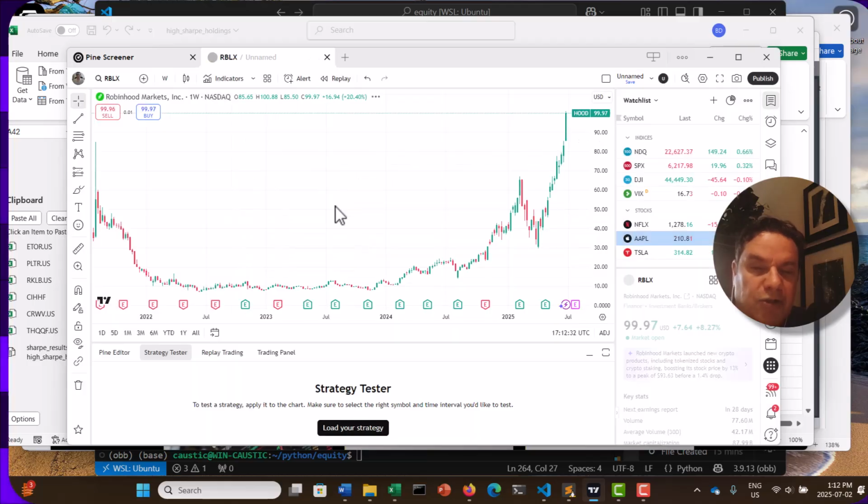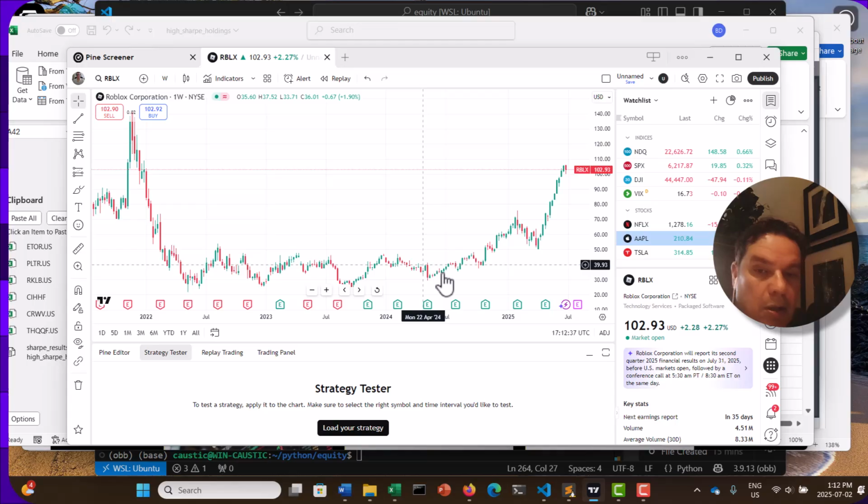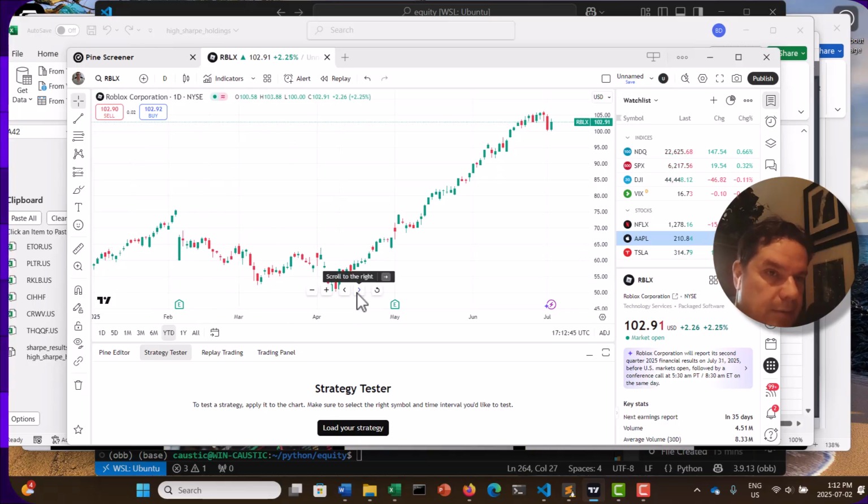All right. So Roblox, again, a similar move, not as strong, but if I look at the year to date, it doesn't draw down very much. You see what I'm saying? And it's gone even from its peak from $50 to $102. That's pretty incredible. Another very good long-term hold to have in your portfolio.